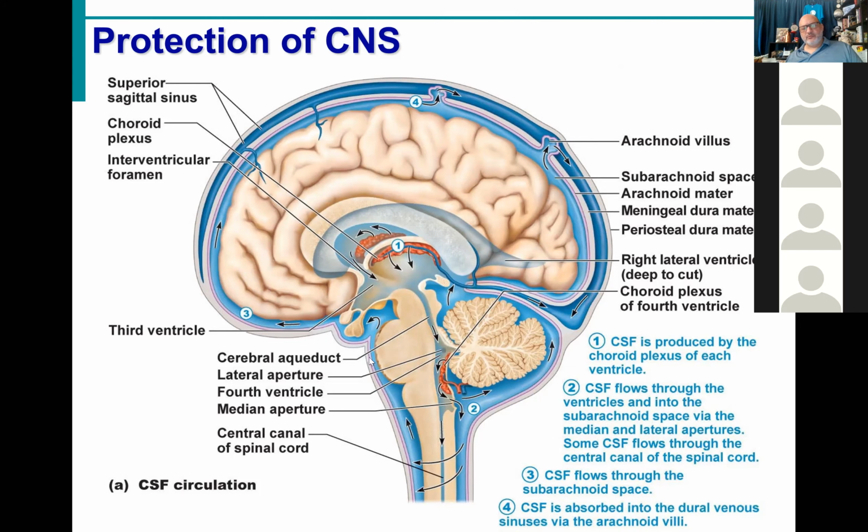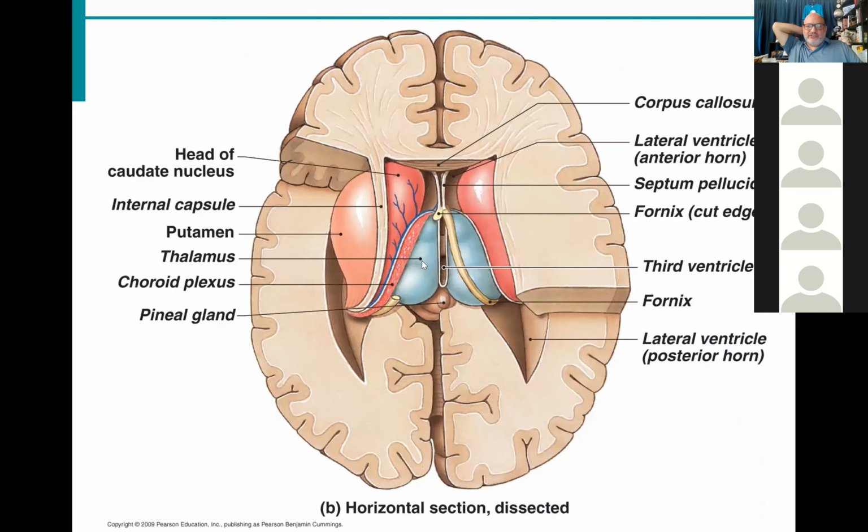All of them have choroid plexus in them for making cerebral spinal fluid. And this does a nice job of showing. And then also remember we looked here. Here we saw the third ventricle and the intermediate mass and the two lateral ventricles. Clearly we're not going to see down into the fourth because this is a superior view.